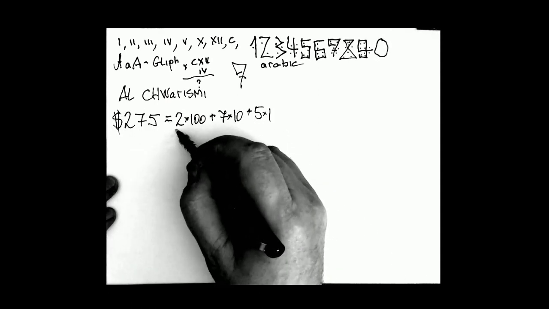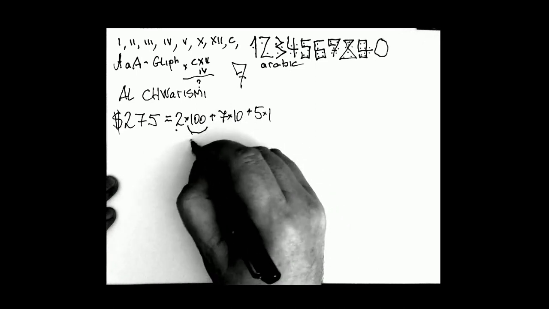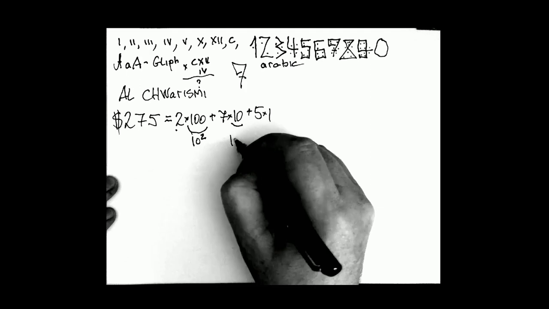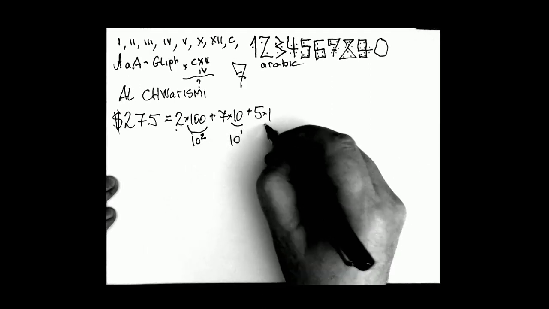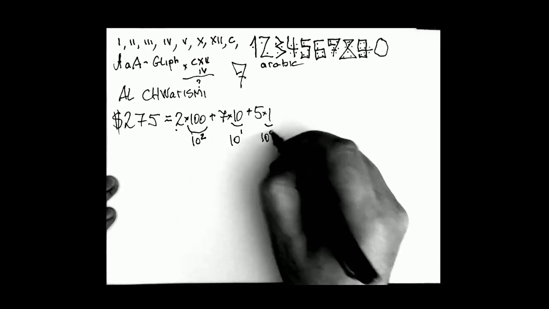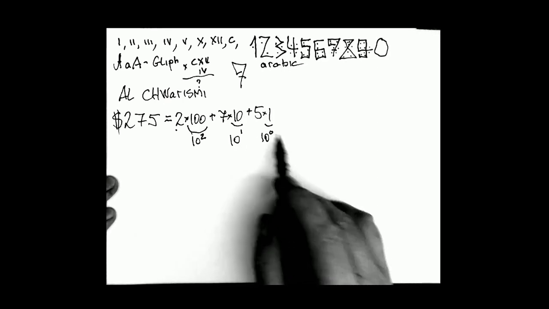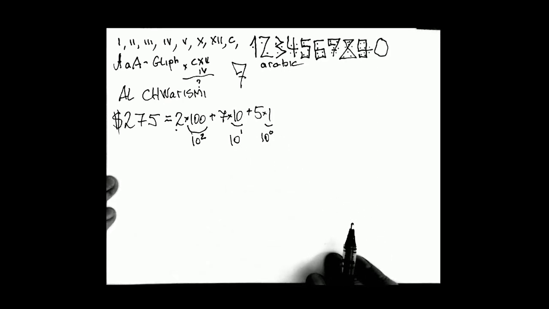So basically we can figure out that 100 is 10 in the power of 2, 10 is 10 in the power of 1, and 1 is 10 in the power of 0. Any number in the power of 0 is equal to 1. This is about algebra.